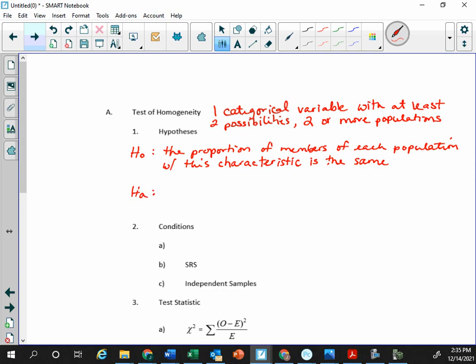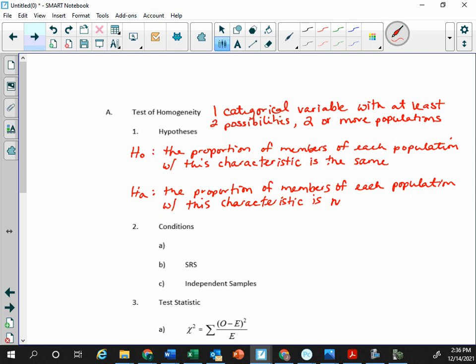I bet you can guess the alternative. Proportion of members of each population with this characteristic is not the same.